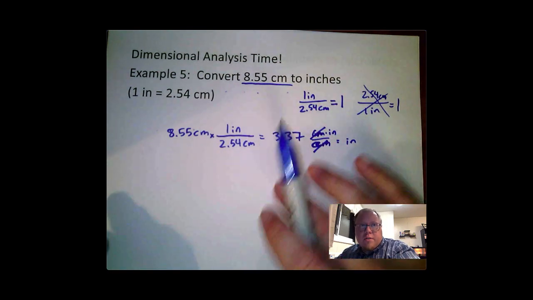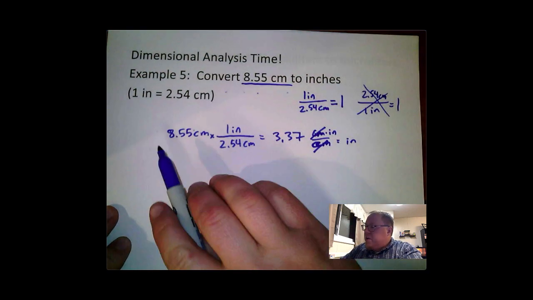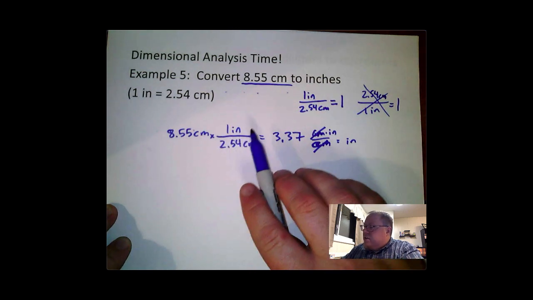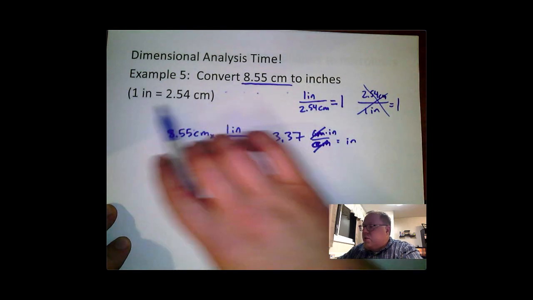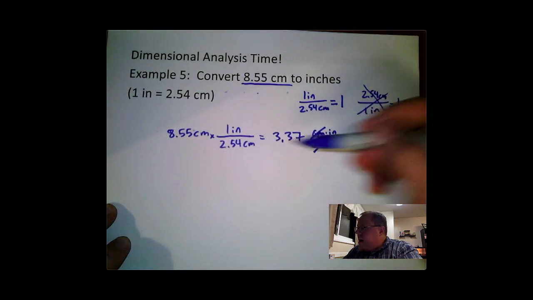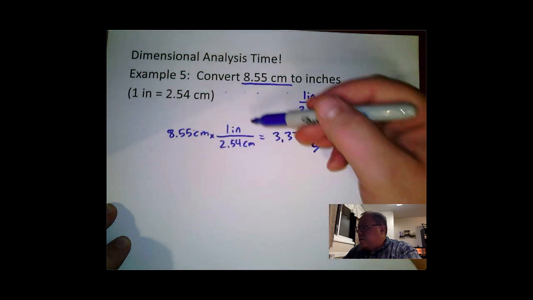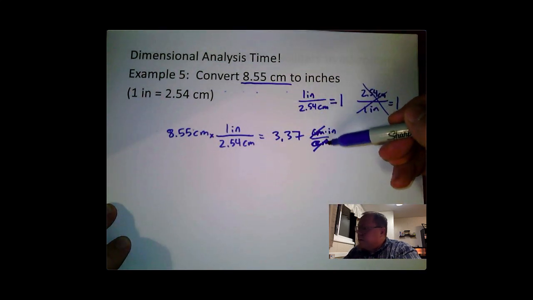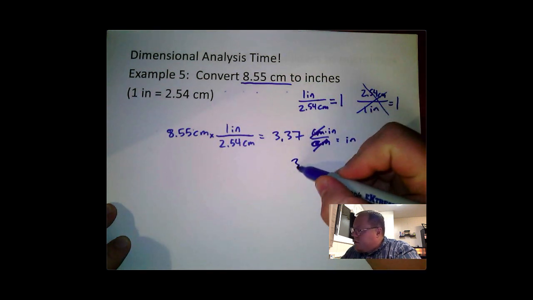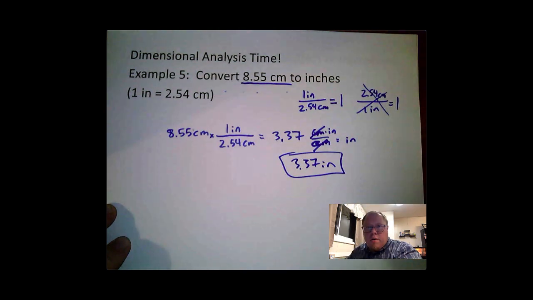Essentially, I'm taking the number, timesing it by a factor. That factor is what they're equal to, one over the other, and I'm putting the centimeters on bottom because I have centimeters, so that at the end, centimeters is divided by centimeters, and I'll be left with just inches. Okay, so it's 3.37 inches is my answer here.